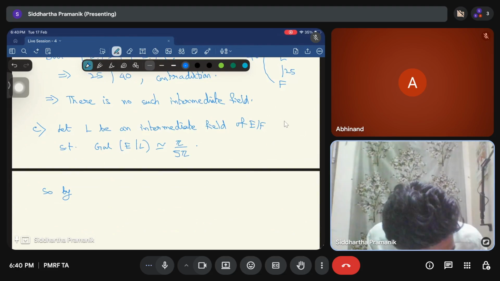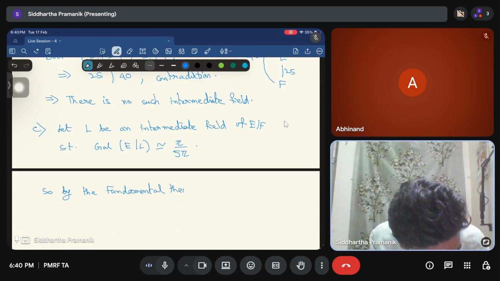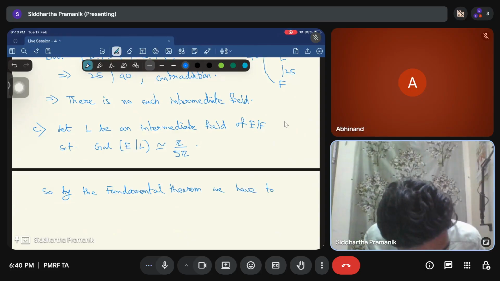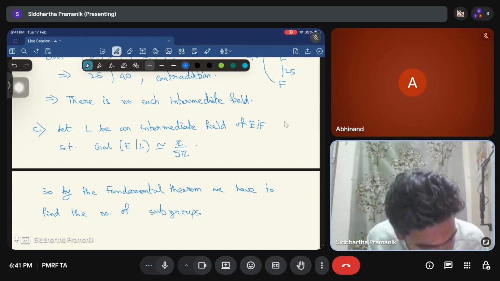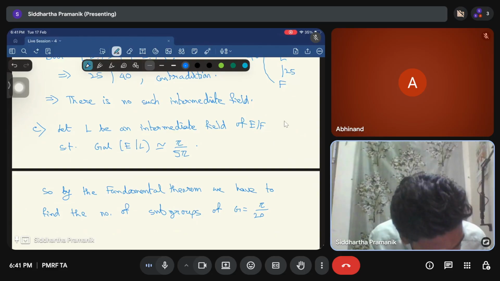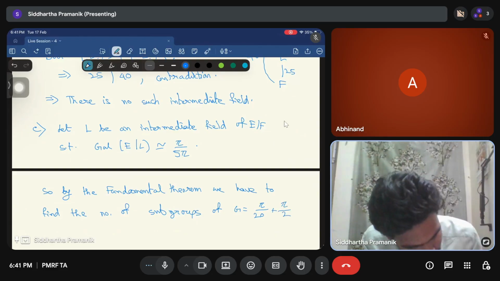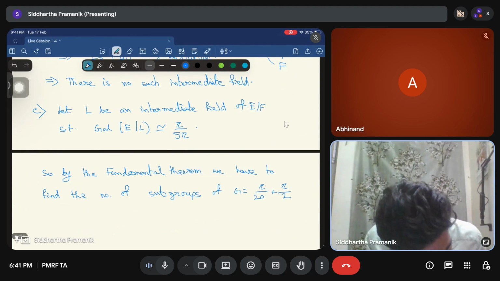By the fundamental theorem, we have to find the number of subgroups of the Galois group of the bigger tower, subgroups of G of order 5.